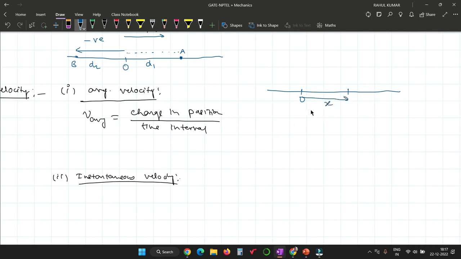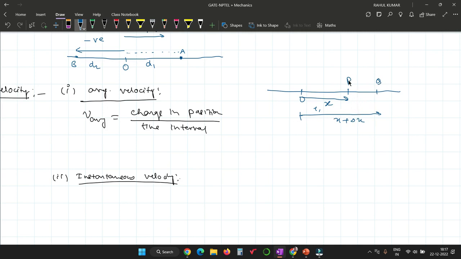Now after time t plus delta t, the particle reaches point x plus delta x. So it is the initial point and it is the final point.